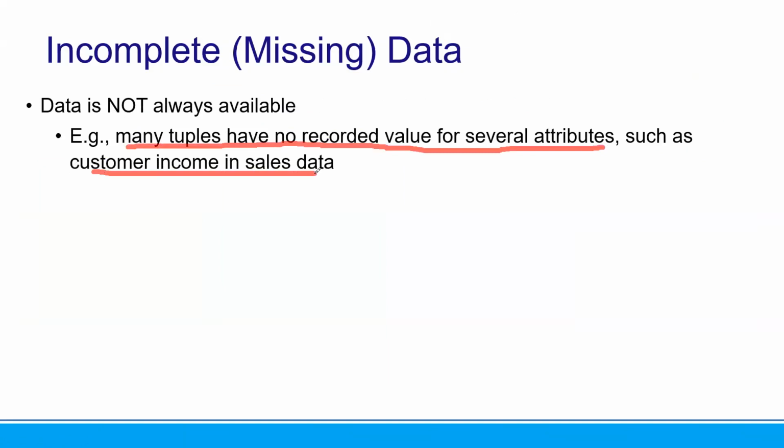Do you want to share your income? If you get some income from a company, are you willing to share the income information? Of course, you will not share easily. Yeah? So that kind of data can be missing or not complete. Maybe, yeah, this kind of data is always not available.